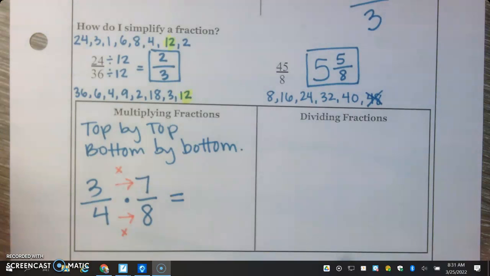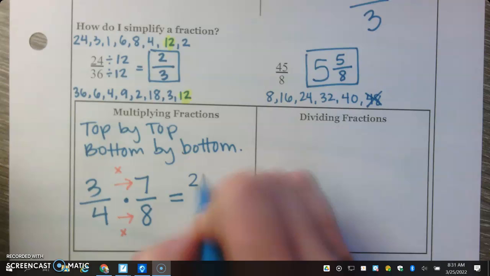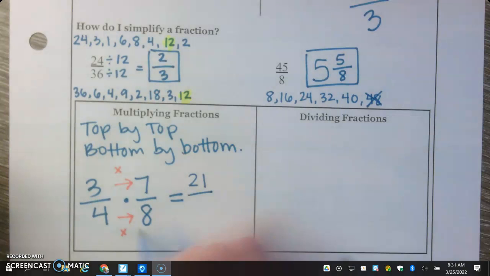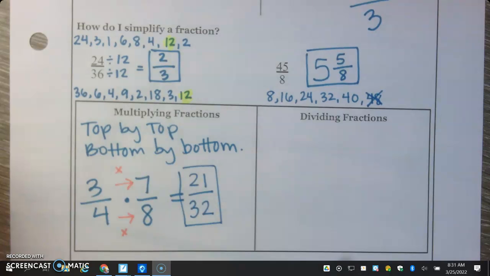So 7 times 3, if you have your calculator, awesome. If you have your multiplication chart, awesome. 7 times 3 is 21 out of 4 times 8 is 32. 21/32.